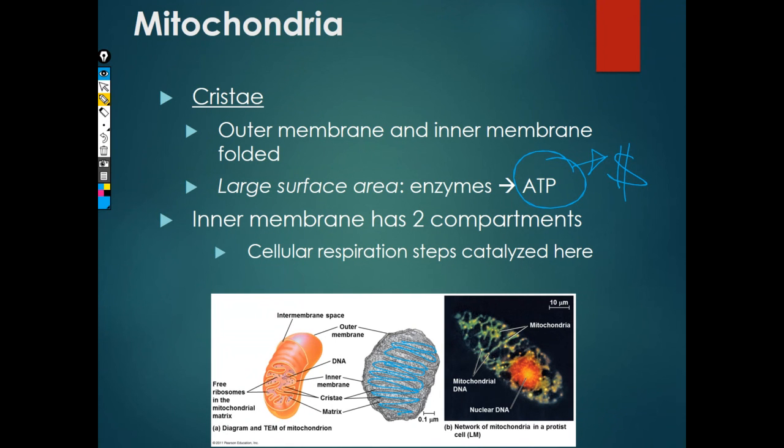Having all those zigzaggy membranes is like having a lot of countertop surface area in your kitchen. The more countertop you have, the more cooking you can do, the more cookies you can make, right? The same thing here. The more countertops we have, the more cristae we have, the more ATP we can make. And we know that ATP is important.